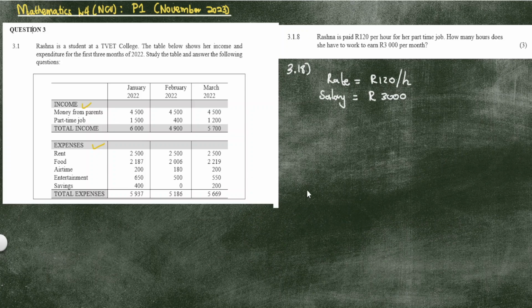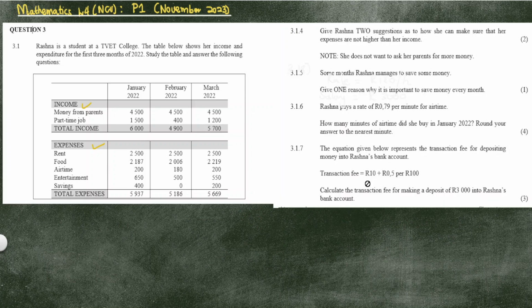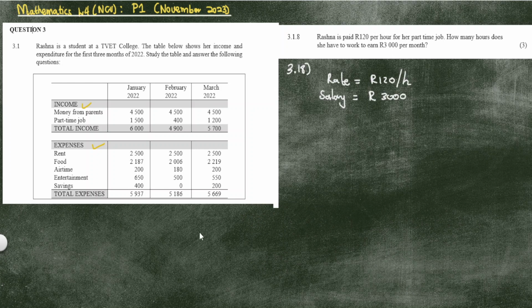This one. 3.1.6. Rashna pays a rate of, right? Even this question, it's a rate question. Rashna is paid this rate for the part-time job. How many hours does she have to work?